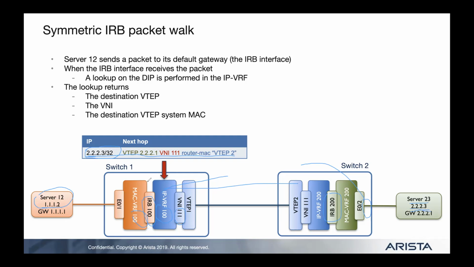Your next hop VTEP is 22.2.1. You have to send the packet to this VTEP 22.2.1, with the VNI information 111, that is this IP VRF VNI, and the router MAC, which is VTEP 2's MAC. We have sent all this information in the type 2 update, and based on that, you have installed this route. Is it clear up to this? Any question?